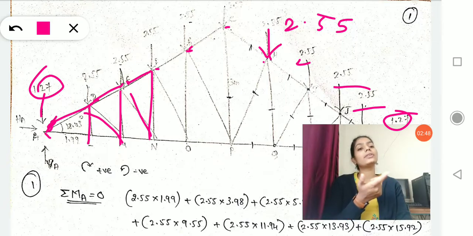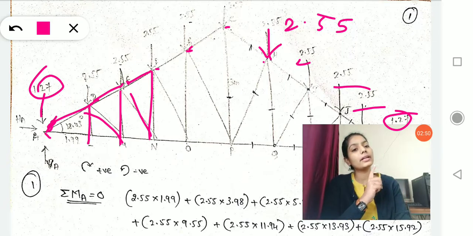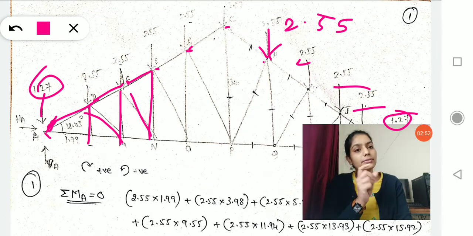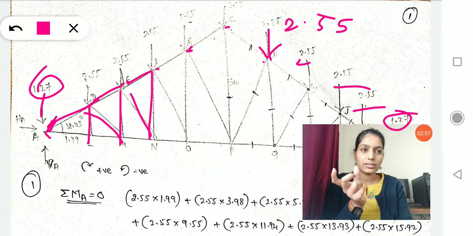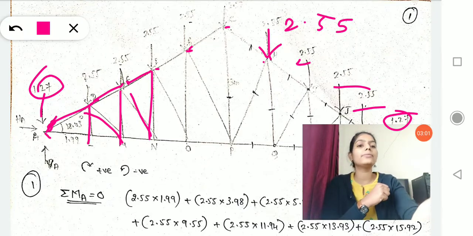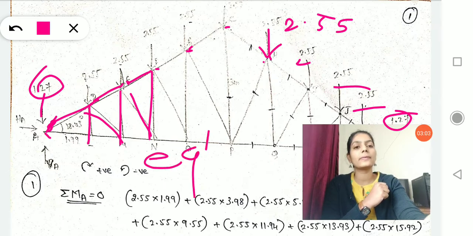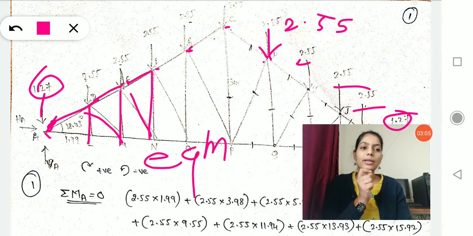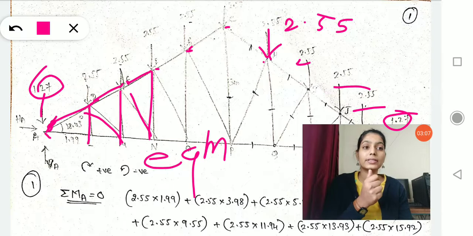In the last session I discussed that you can classify a structure in terms of determinacy as an indeterminate structure or a determinate structure. The structure which you can solve with the help of three equilibrium equations is called a determinate structure.